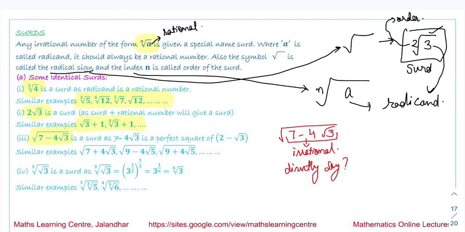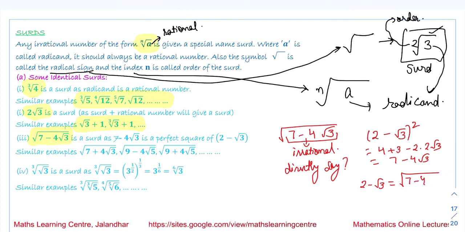But if we look at the expression 2 minus root 3 and we square this expression, the answer we will get is 4 plus 3 minus 2 into 2 root 3. So the answer you will get is 7 minus 4 root 3. So 2 minus root 3 is equal to square root of 7 minus 4 root 3. So this number is equivalent to this, and this is a surd.